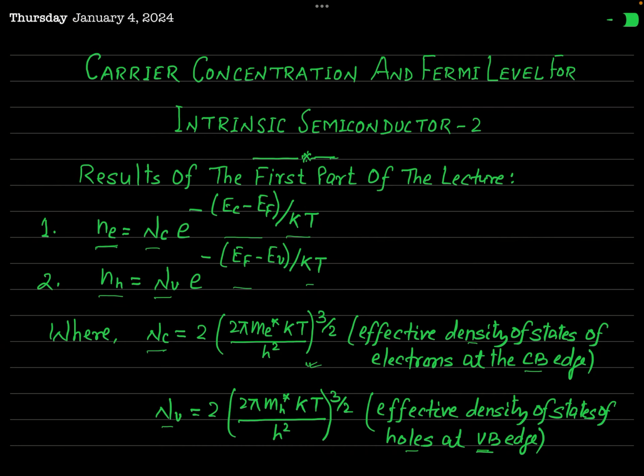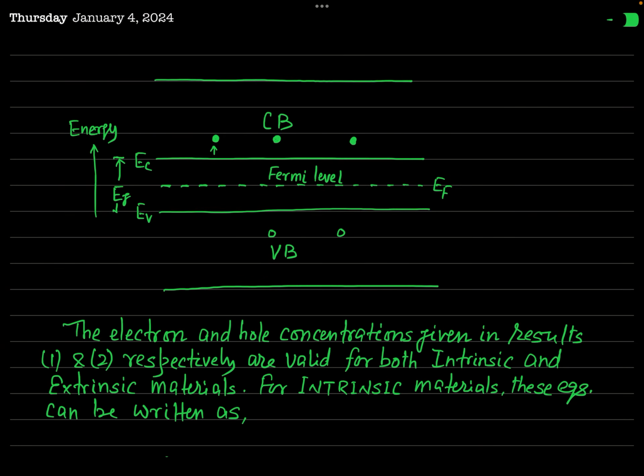Here, Ec and Ev are what? Ec denotes the energy level of the bottom of the conduction band, and Ev represents the energy level of the top of the valence band.